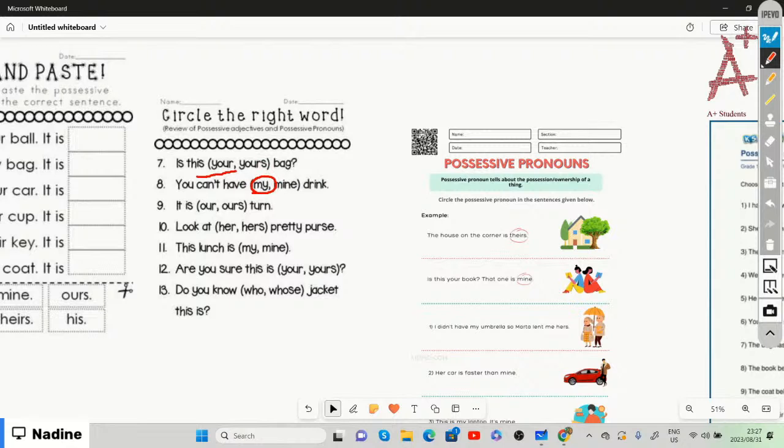All right. It is our turn or it is ours turn. So we need to choose the correct possessive pronoun. It is our turn or ours turn.